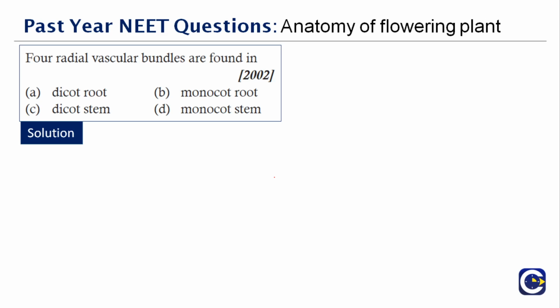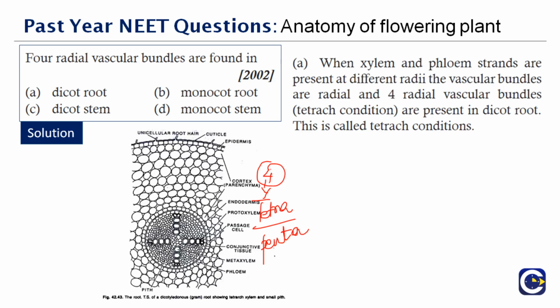This is called the tetrarch condition because four resembles the concept of tetra. For five we say penta. Likewise, since it has four radial vascular bundles, it is also called the tetrarch condition. So four radial vascular bundles are found in what? Dicot root. The correct answer is option A.